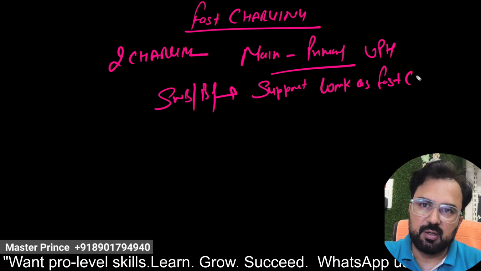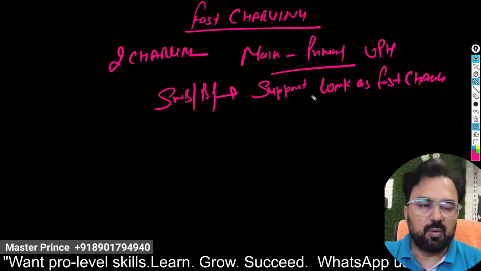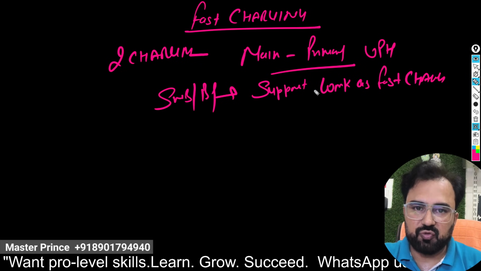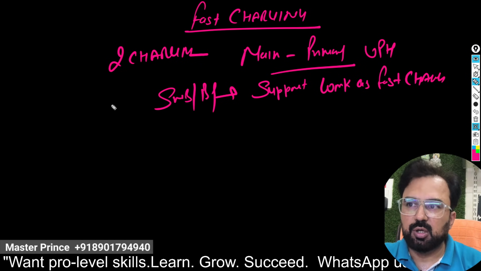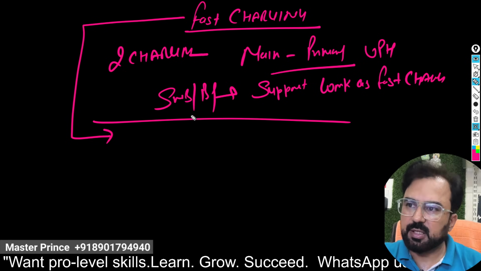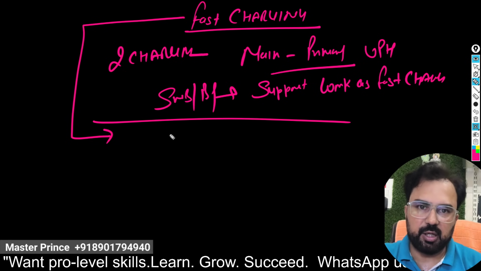Now if a phone comes to you with fast charging errors, I will also explain what type of errors and situations there are. But first, what is fast charging? I will explain how a phone converts to fast charging. Let's say a simple 4G phone.